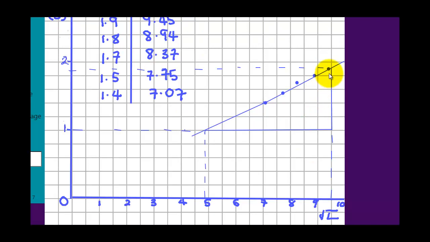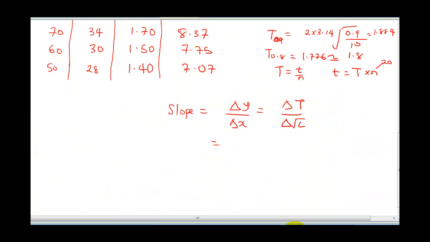Now this point, if this is 1.2, this is 1.4, this is 1.6, this is 1.8, so let's call this 1.9. So the y-axis is 1.9 minus 1. So let's write that.